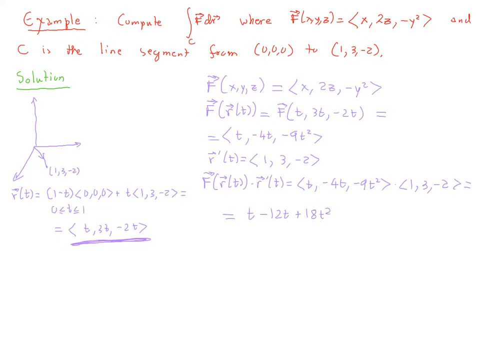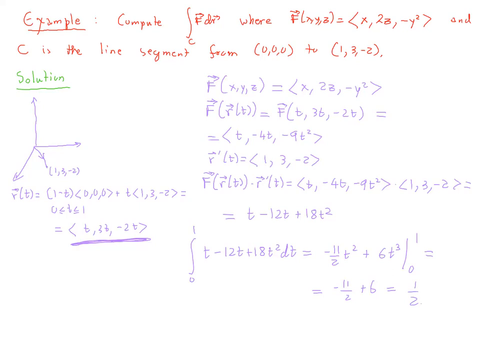And what I need to do is eventually integrate this from 0 to 1. It's minus 11t, so the antiderivative will be minus 11 over 2 t squared, and we will also have plus 6t cubed, from 0 to 1. This will give us minus 11 halves plus 6. 6 is 12 over 2, minus 11 over 2. That will be simply 1/2.